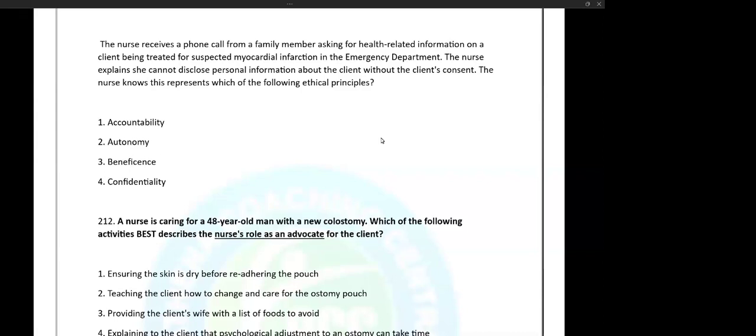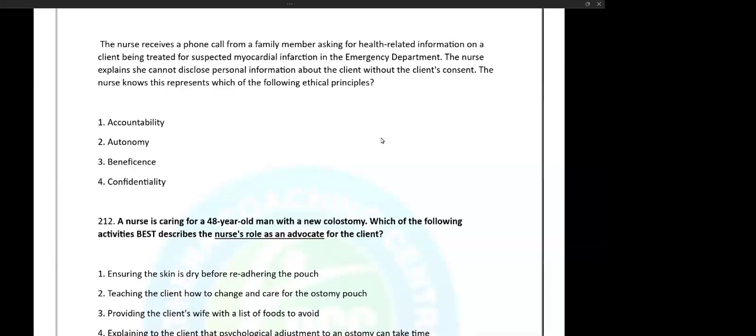Any doubt regarding this? Accountability: you are responsible for your own action. When you perform any activity, you are responsible for that, whatever the action may be. Fine. Autonomy, the right to make a decision.